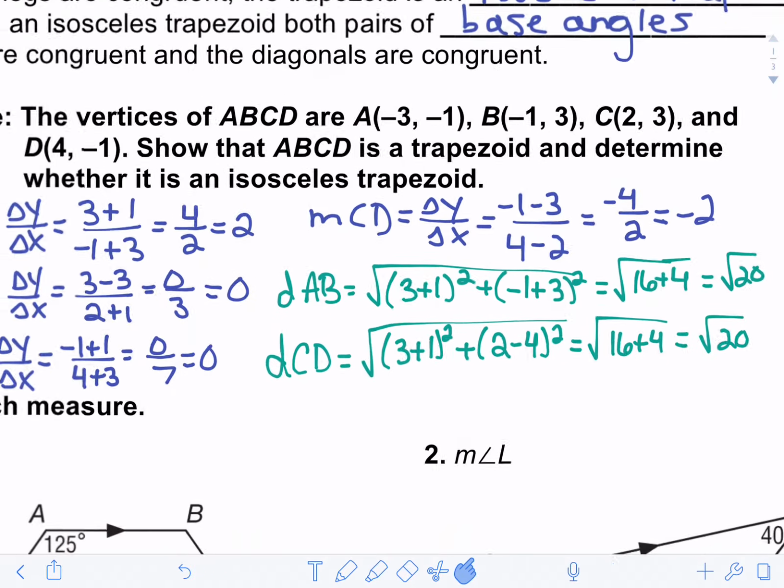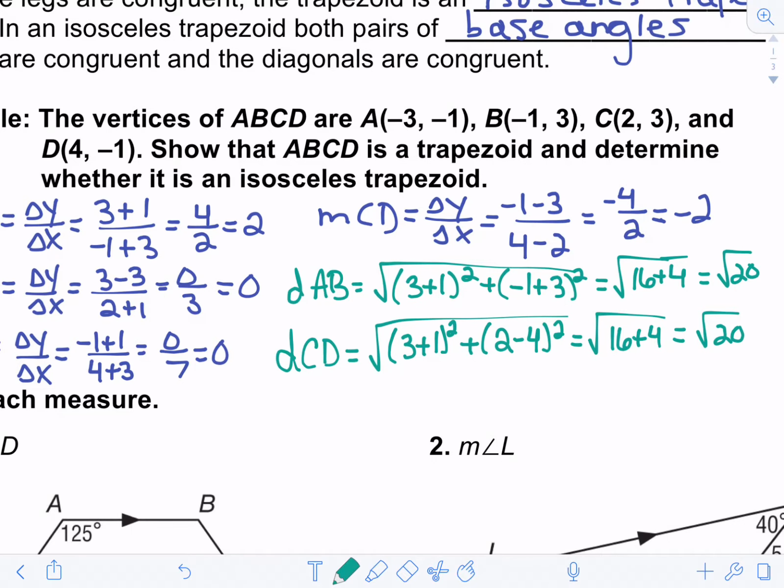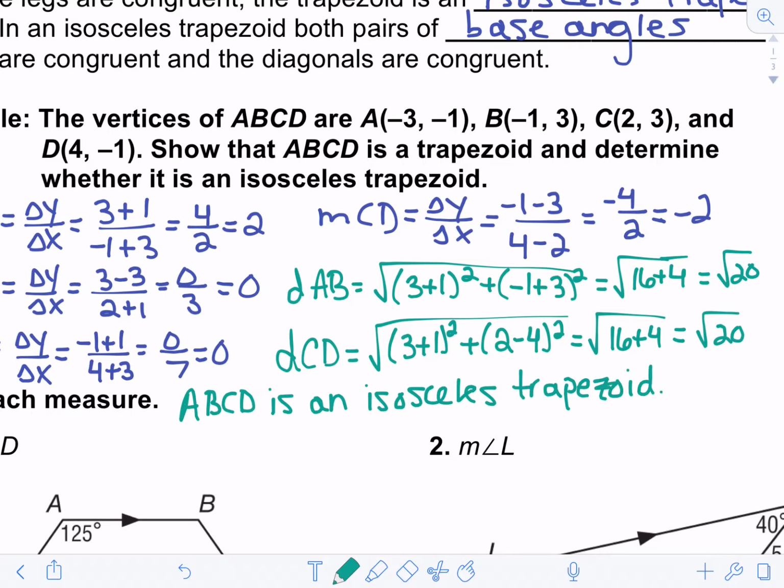So since those are the same lengths, what I can write down here is ABCD is an isosceles trapezoid. And we know that because AD is parallel to BC, and the measure of AB equals the measure of CD.